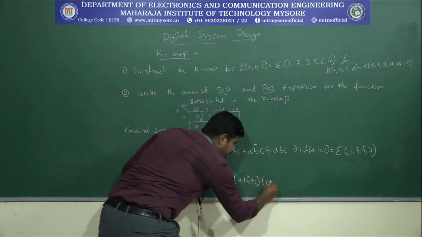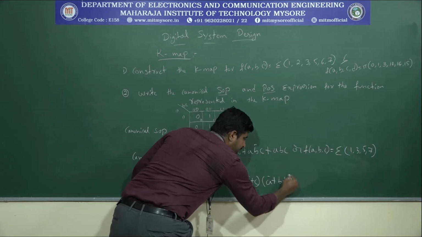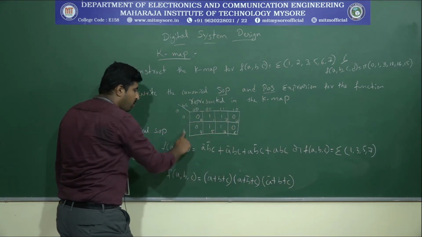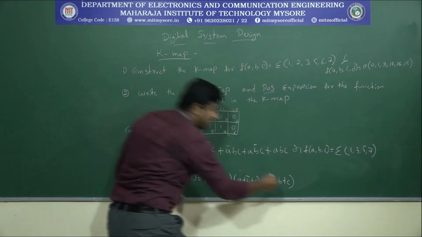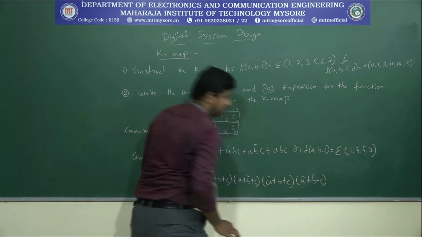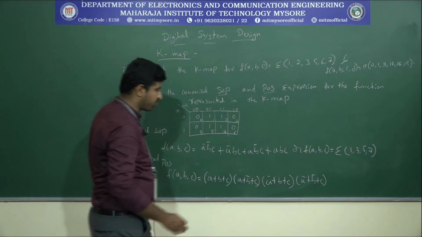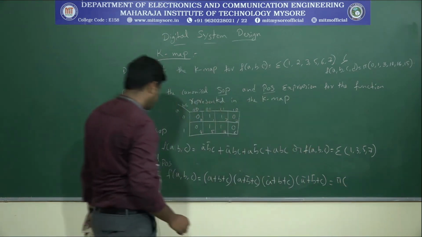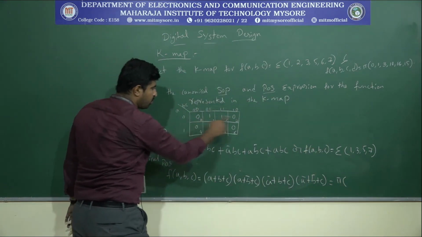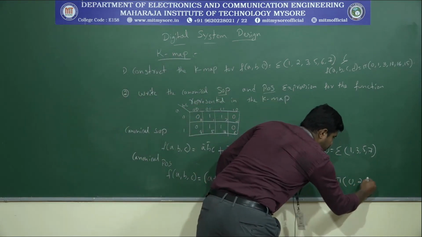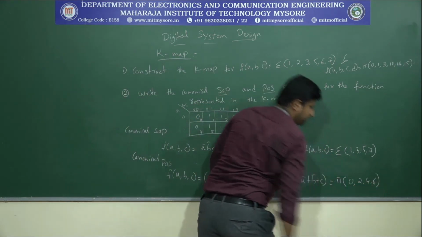That means A bar plus B plus C. And next we have a 0 here that corresponds to 1 1 0. That means A bar plus B bar plus C. So in pi notation it equals pi of 0, 2, 4 and 6.